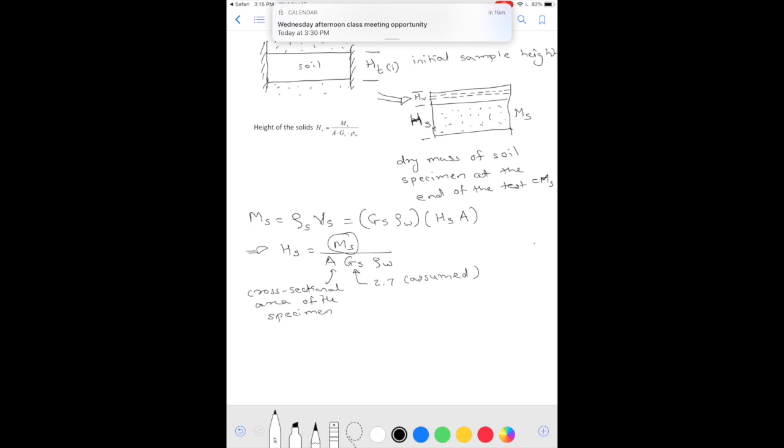So once we know this, referring back to this diagram, we can figure out that height of voids is initial height minus height of solids, and that will give us information on the initial void ratio, E0, which is this value of height of voids in the beginning divided by the height of solids.